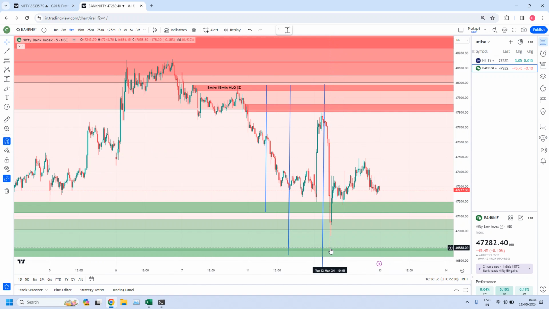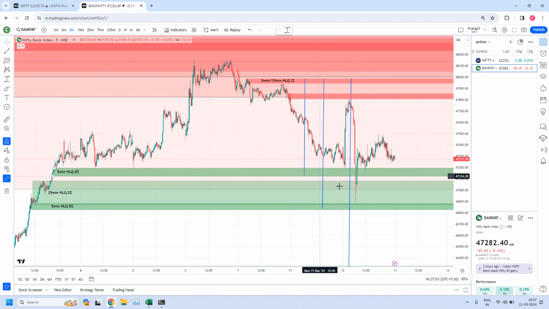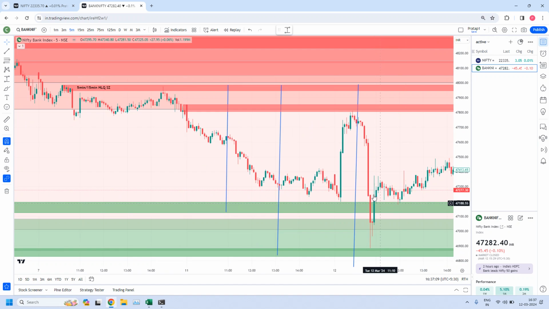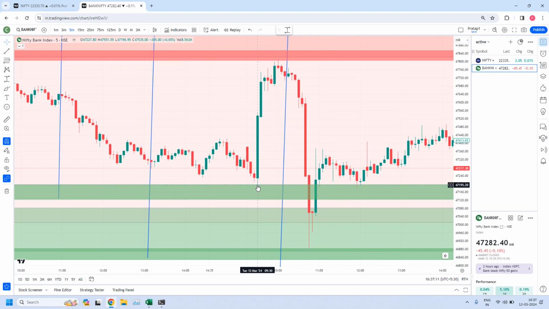Till that point it came, and from here again it gave another 300 points move. See this 5-minute high liquidity demand zone, it gave you a 300 points move, 600 points move. From here to here it is a 600 points move.